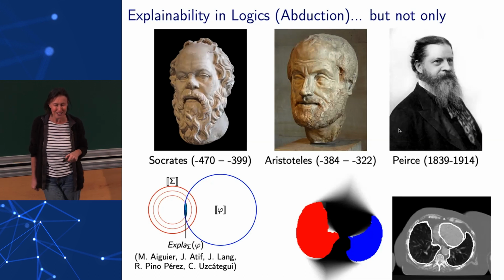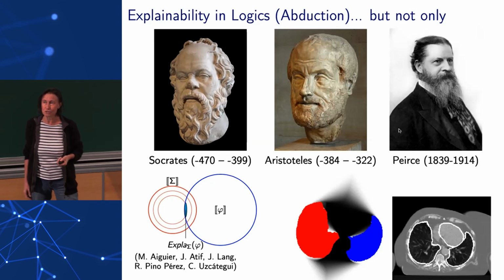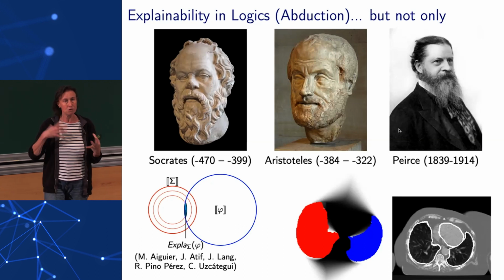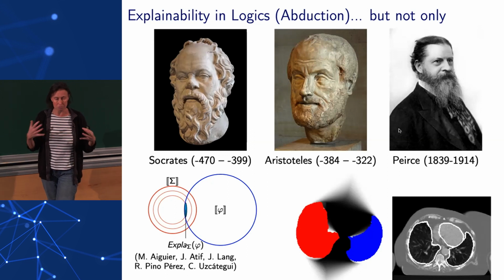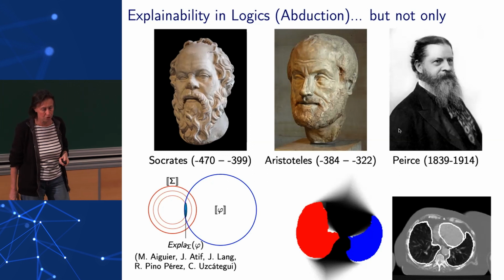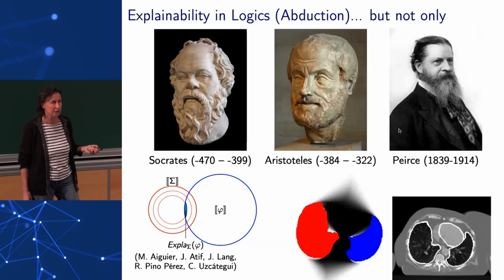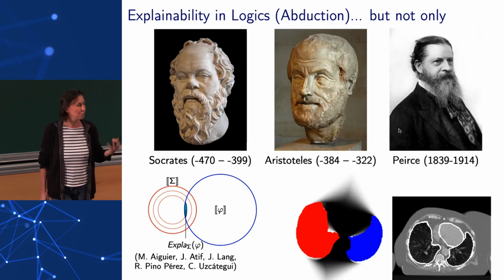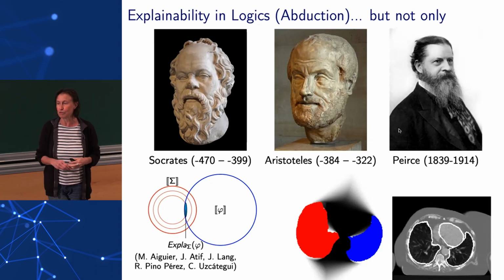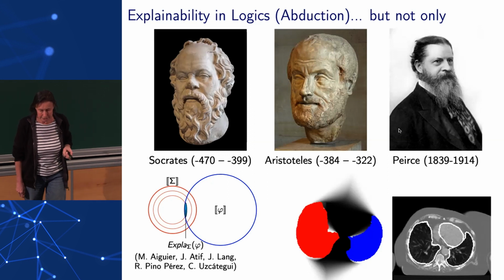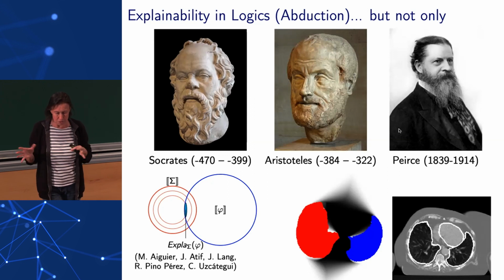In particular, we can mention the work by Peirce, who modeled abductive reasoning, that means trying to find explanations from observations based on a knowledge base, for instance using a logical formalism. So it is a mathematical modeling of what abduction and explanatory reasoning are. So it's not new. Now we speak a lot about explainability for networks, but it's not at all a new thing. And we can also distinguish between different things.